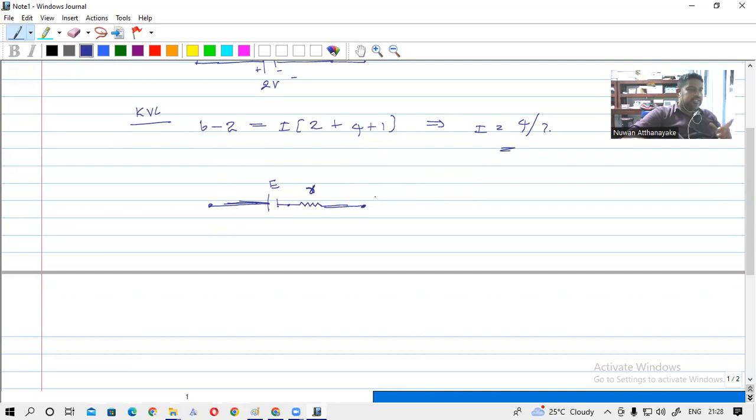The only thing is the direction we took wrong, but the expected value should come at that time also. So I will explain it. So let's say that you have connected this battery through a load.